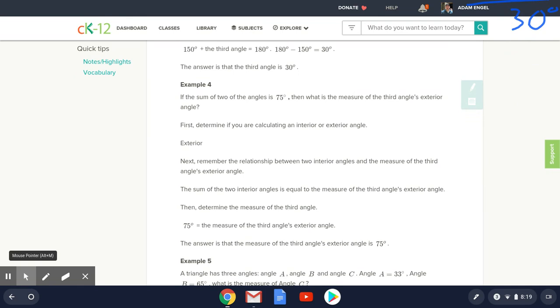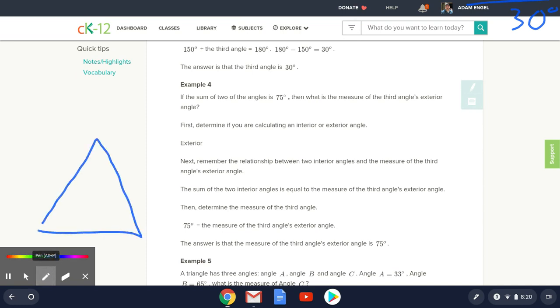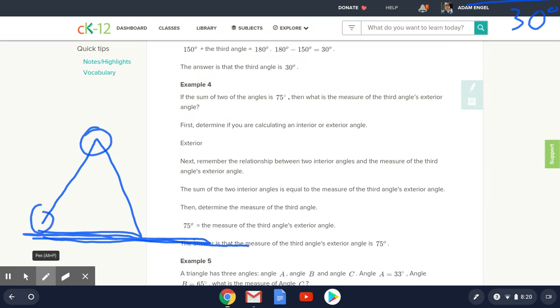All right, example 4. The sum of two angles in a triangle is 75 degrees. What is the measure of the third angle's exterior angle? So we have right here a triangle. These two angles right here add up to 75 degrees.